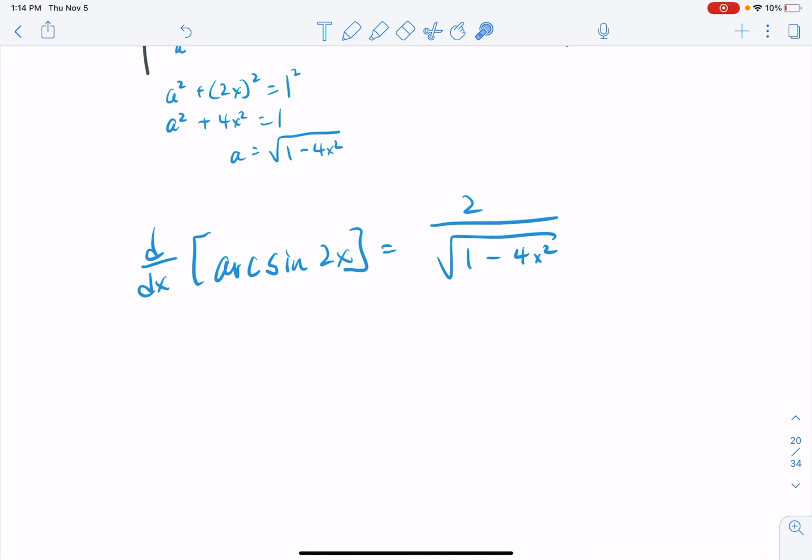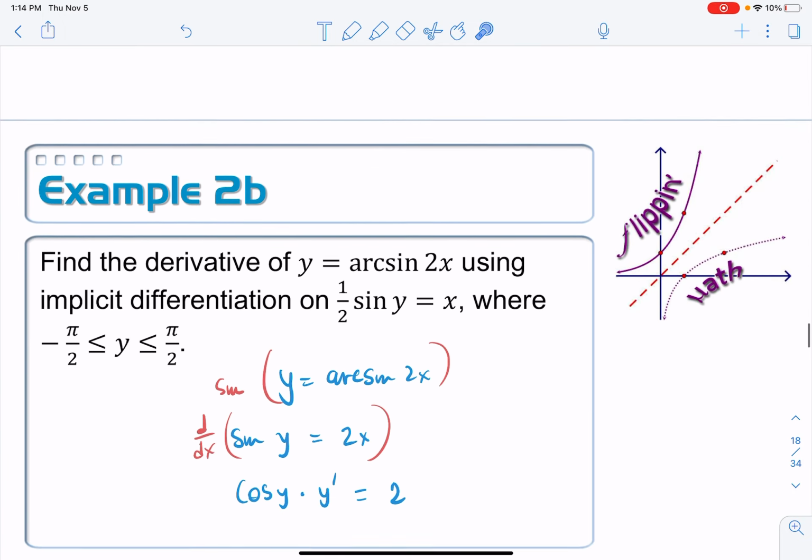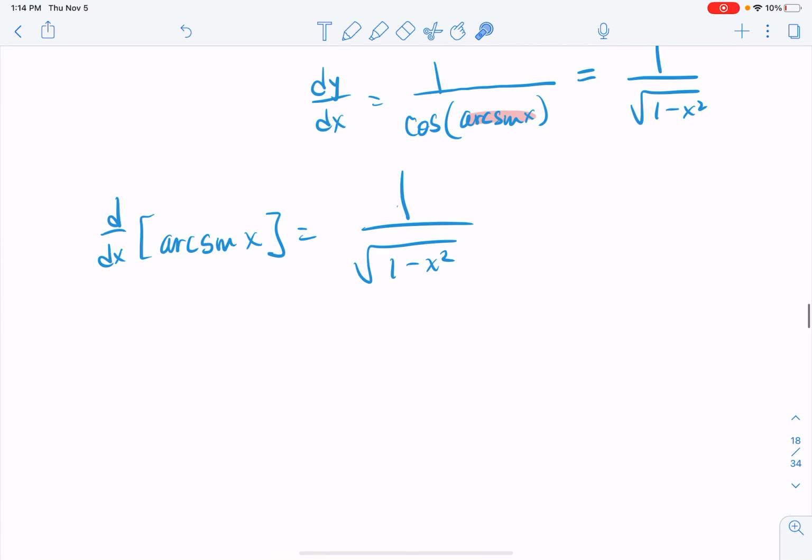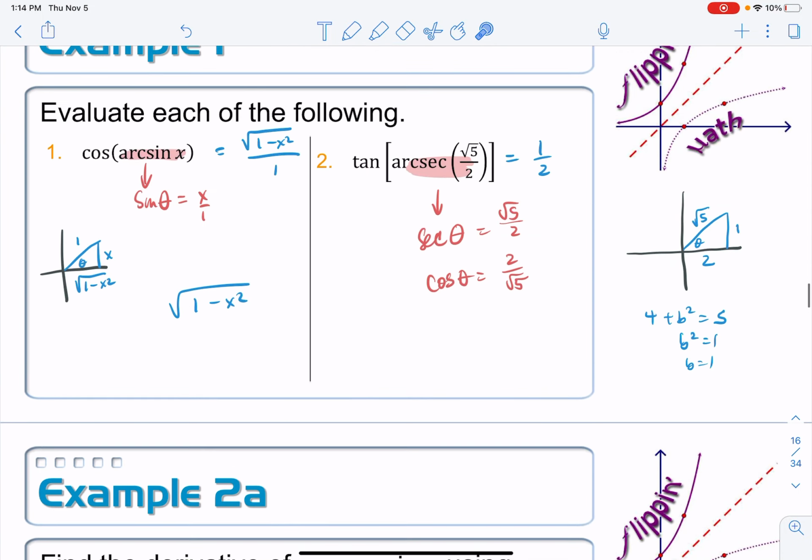Now, notice that this one has a 4x squared inside of there, whereas the original one just had an x squared. It was this thing that was being squared. And the reason it was that x squared is, remember, it's basically the Pythagorean theorem thing.